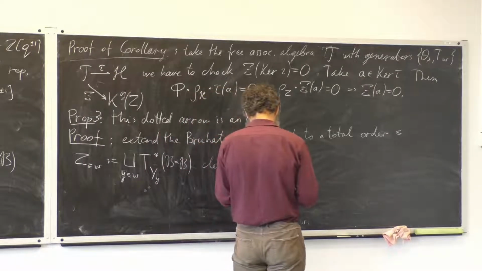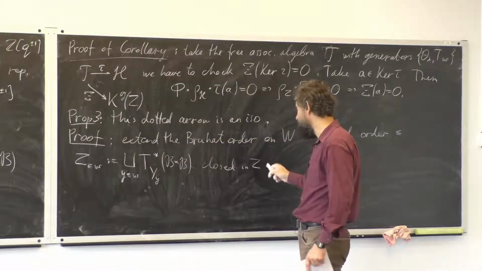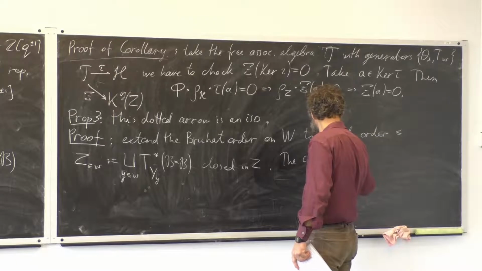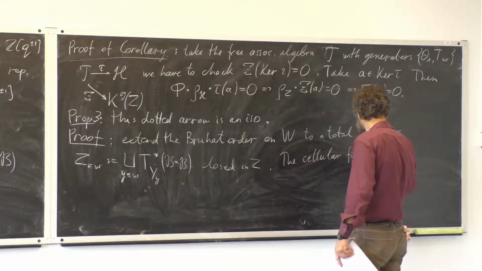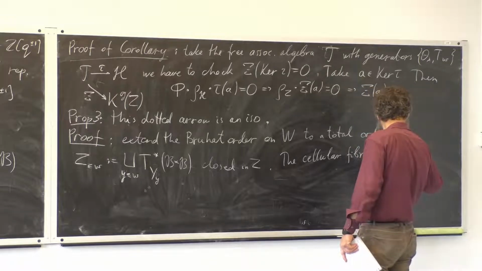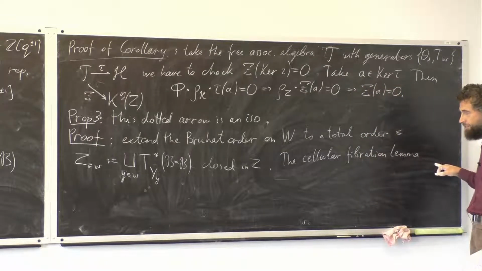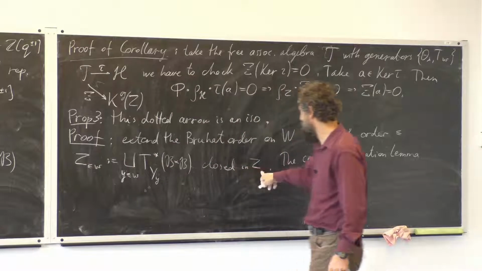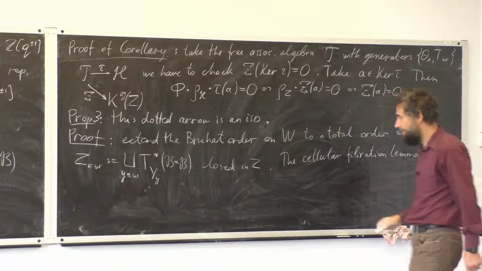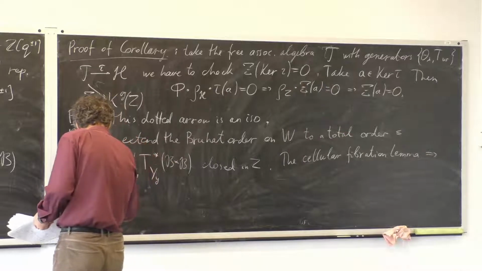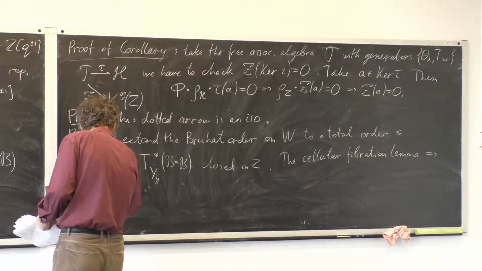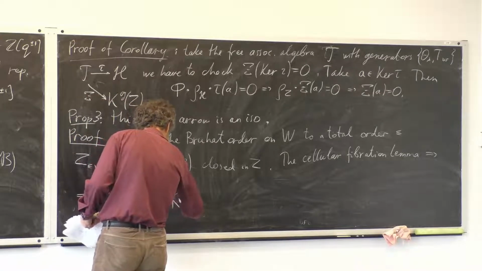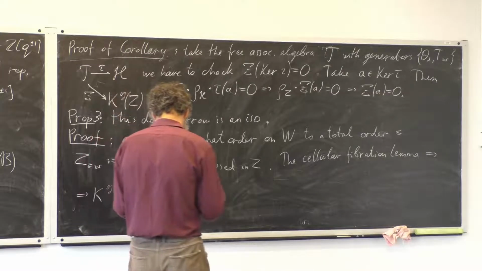Okay, and again, last time we mentioned the cellular fibration lemma, about some short exact sequences, but at least it implies that the K theory of this embeds into the K theory of Z. Okay.